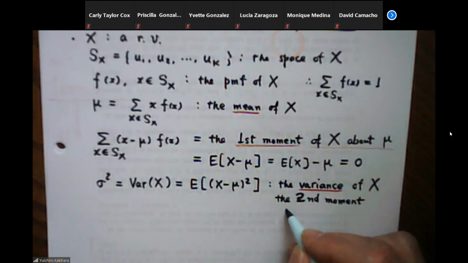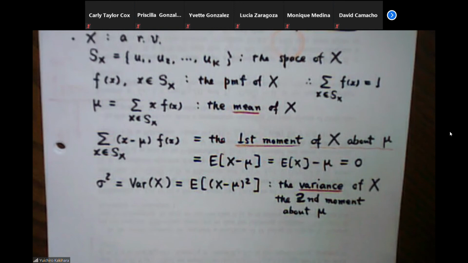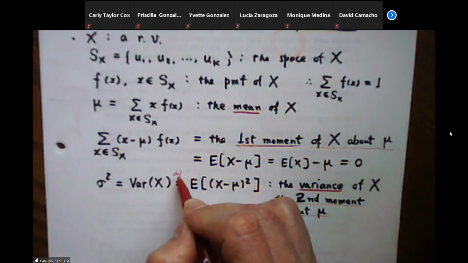Variance is the second moment about mu. This is a definition.